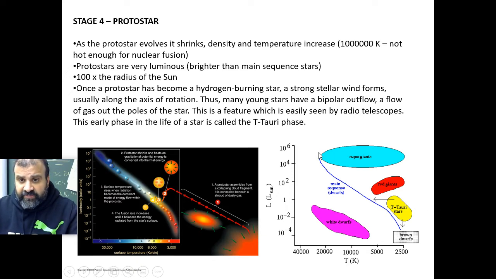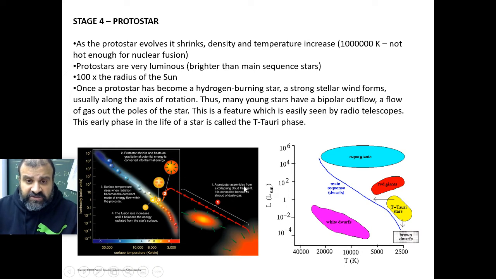Okay, so here we can see a very simple Hertzsprung-Russell diagram. We've got the main sequence stars, right? The T Tauri stars, right? Those are protostars. They have not yet reached the main sequence, but they will. Okay, let's follow along with this diagram here.